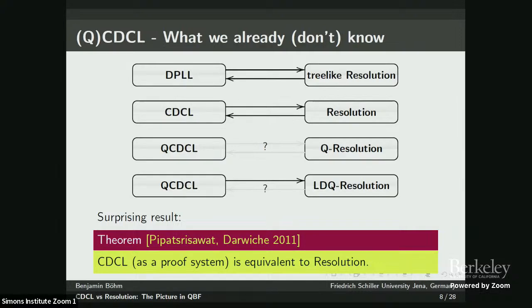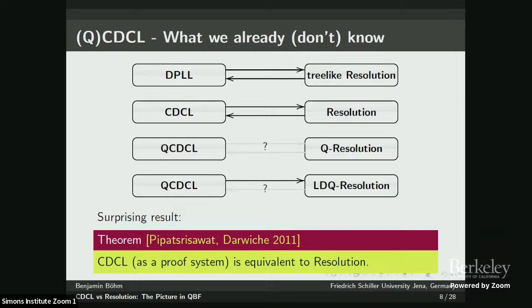Now, what do we know about the connections between QCDCL and resolution-based systems so far? As I think many of you know, DPLL corresponds to tree-like resolution, because here you get these decision trees, and if you flip them, you exactly get tree-like resolution proofs.